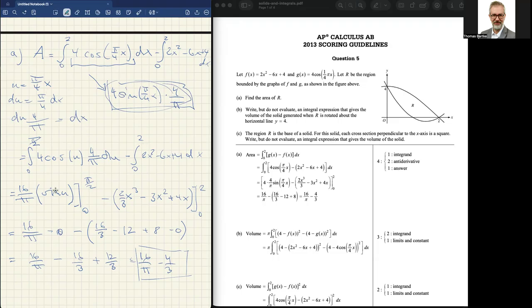So this here is the antiderivative if you want to just keep it straight without going through the u substitution, but your result is going to be the same, because this antiderivative also gets you that 16 over pi in front of the sine, and then you still have to compute the pi over 2 from putting in the correct value 2 up here if you do it by x. So it's about the same amount of work.